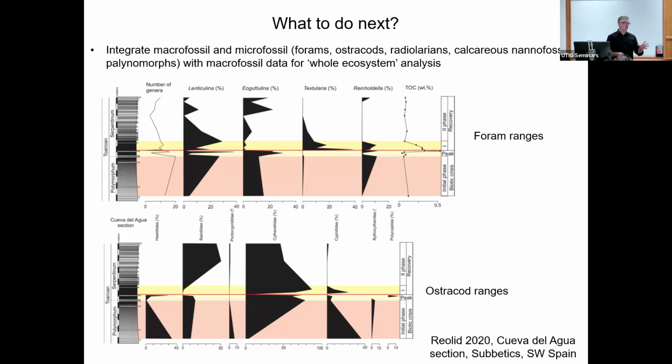We know there were big vegetation changes, as you might expect, with these sorts of global environmental perturbations. So it would be really great to integrate all of this data into a whole ecosystem model for this period of time. So that's it. Thank you.